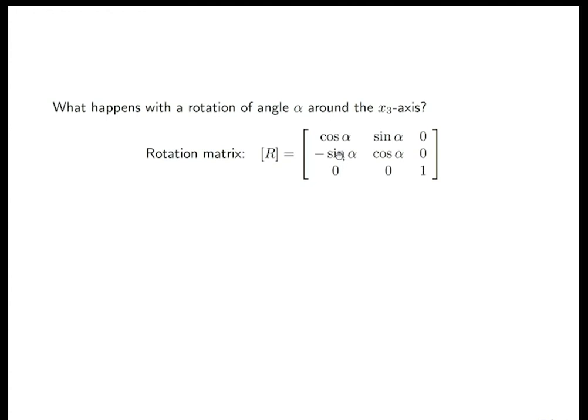Only on my sketch I was rotating around the 2 direction. Here you can do the same thing, rotating around the 3 direction, and then the cosine alpha, sine alpha are in the 1, 2 subspace and not in the 1, 3 subspace, as I showed in my example. I hope that is clear.